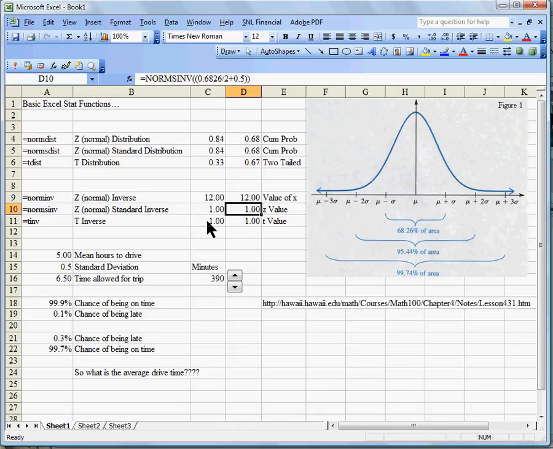What about t? Just as up here, it works a little bit differently. In this case, we're going to provide the t inverse function the amount of the area under the curve both out here and out here. So the sum of the area outside of the curve, because the t inverse function always assumes a two-tailed distribution.